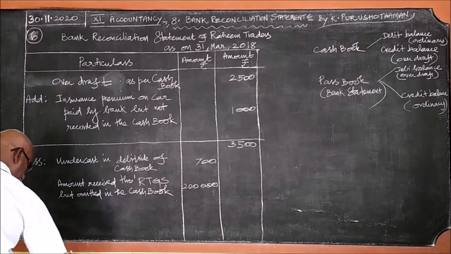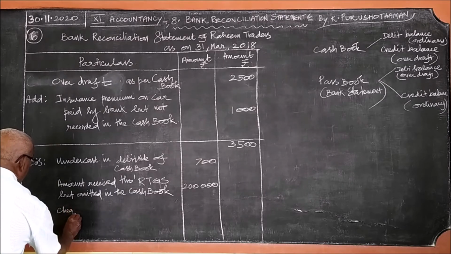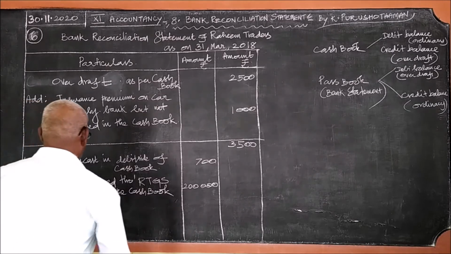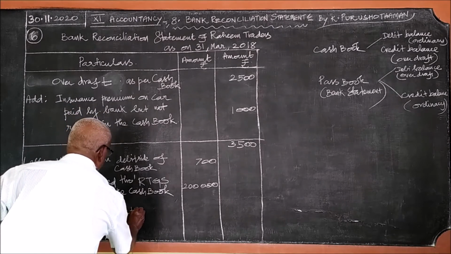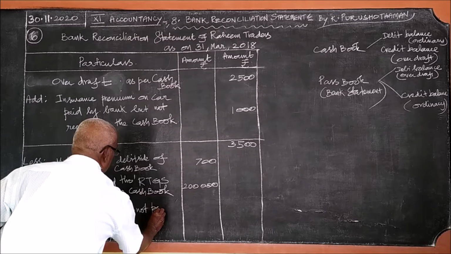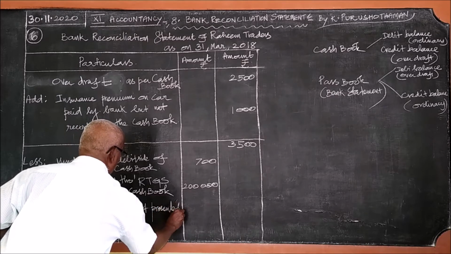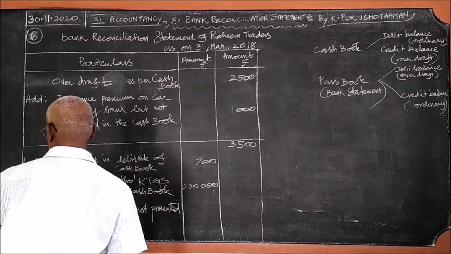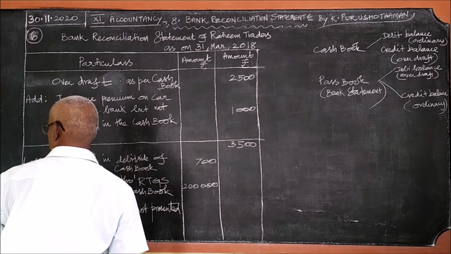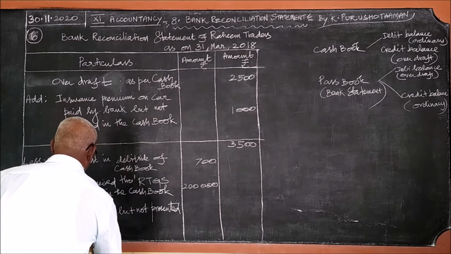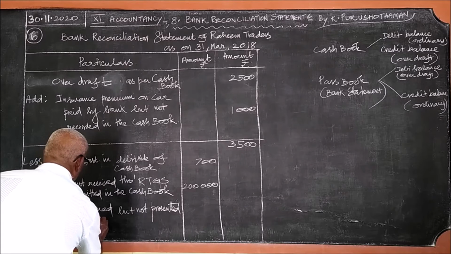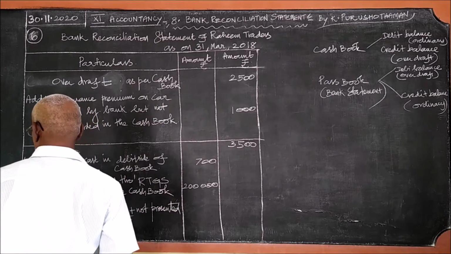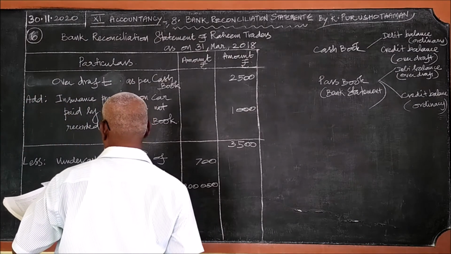So, check issued but not presented for payment, rupees 1,800.